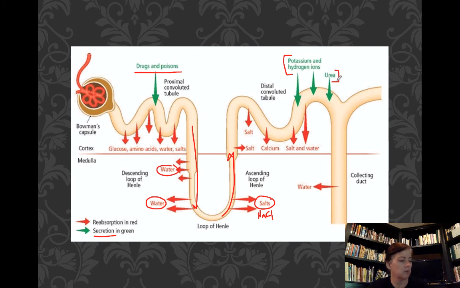I also want to point out that most of our reabsorption is happening here in our proximal convoluted tubule. So it's perfectly suited for reabsorption. It's got microvilli present in that proximal convoluted tubule, which increases surface area and allows for increased reabsorption. So most of that's happening in the proximal convoluted tubule.